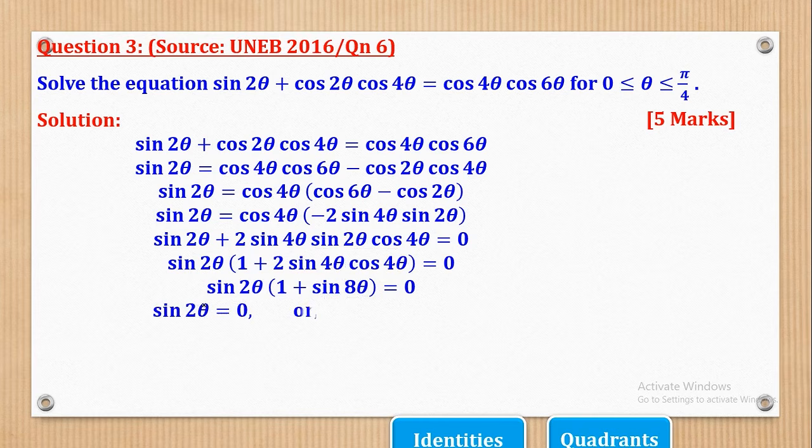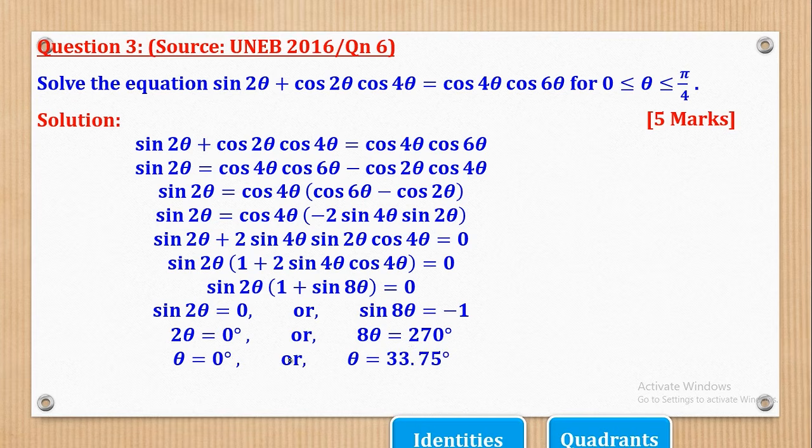So now this means that sine 2 theta is equal to 0, or sine 8 theta is equal to negative 1. So that means that 2 theta is 0 and 8 theta is 270. Therefore theta is 0 degrees, and also for this side theta is 33.75 degrees.